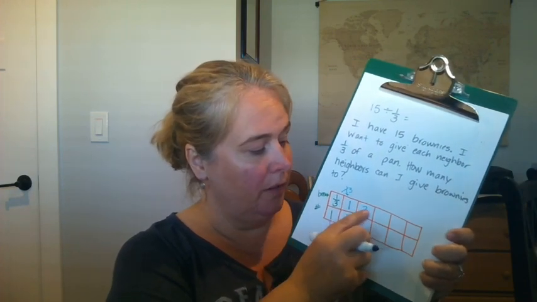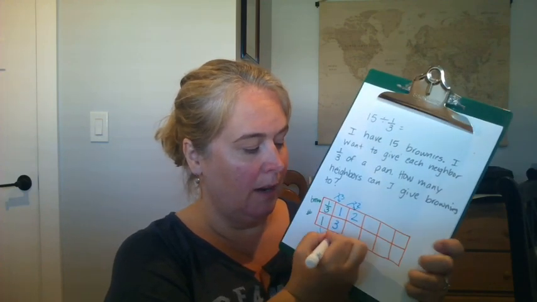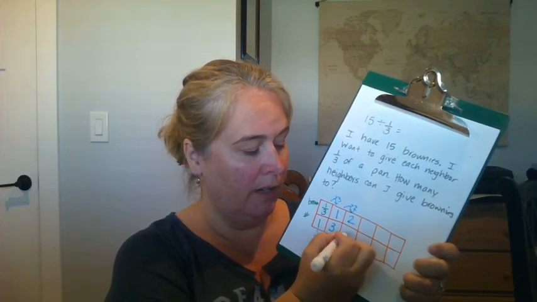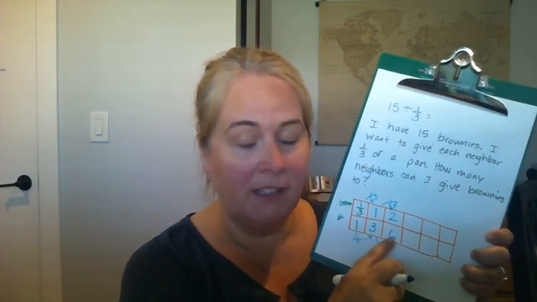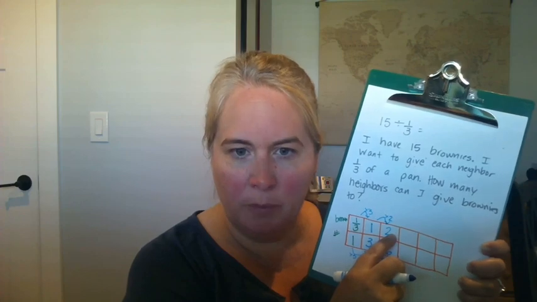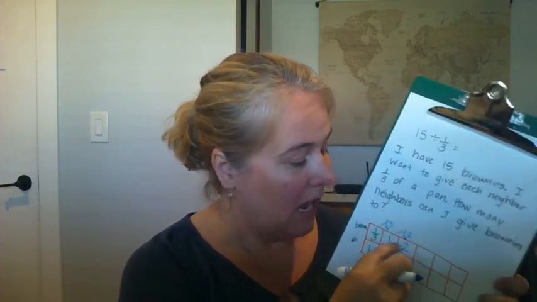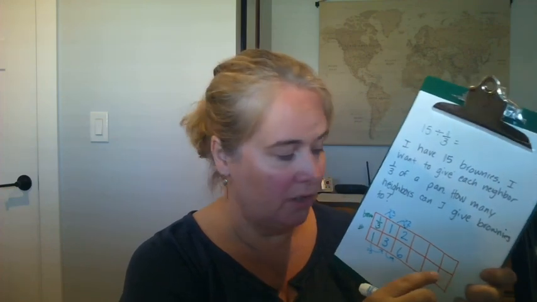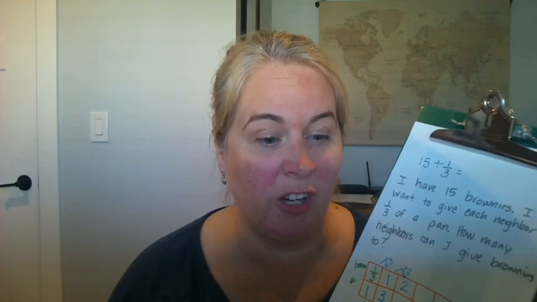And if I doubled here, doubled means times 2, then I'm going to double here. 3 times 2 is 6. So now I've fed 6 neighbors and used up 2 pans of brownies. I need to get to 15 pans of brownies, and I would keep going. So I'm going to keep doing that, and I'm going to be back to show you my work.